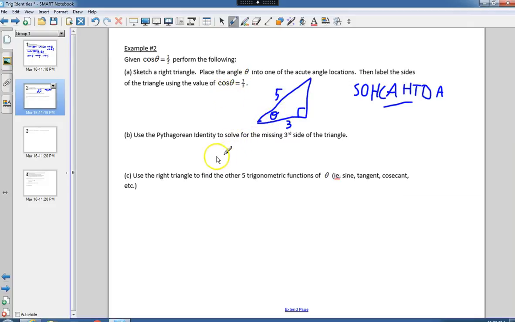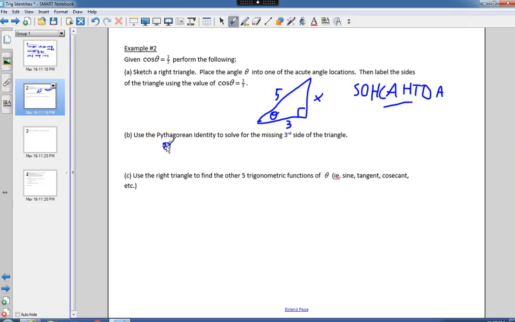And so there we have our right triangle labeled with the two sides that we know from the trig value of cosine theta. All right, part B tells us to use the Pythagorean identity to solve for the missing third side of our triangle. That missing third side is this leg over here. In particular, we could just use that one leg squared plus the other leg squared equals the hypotenuse squared.